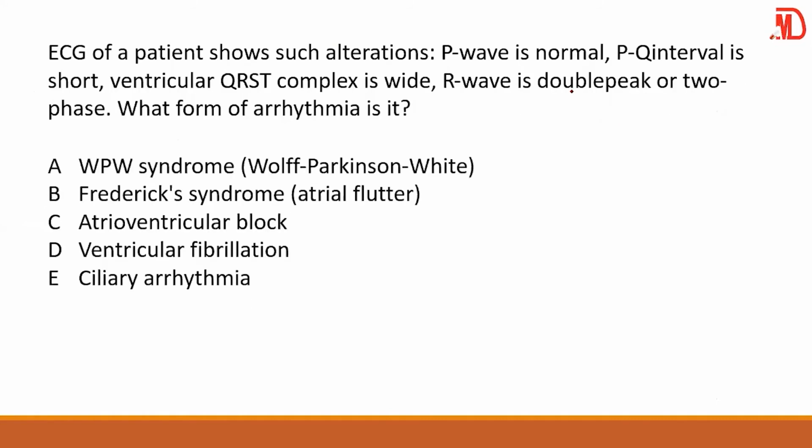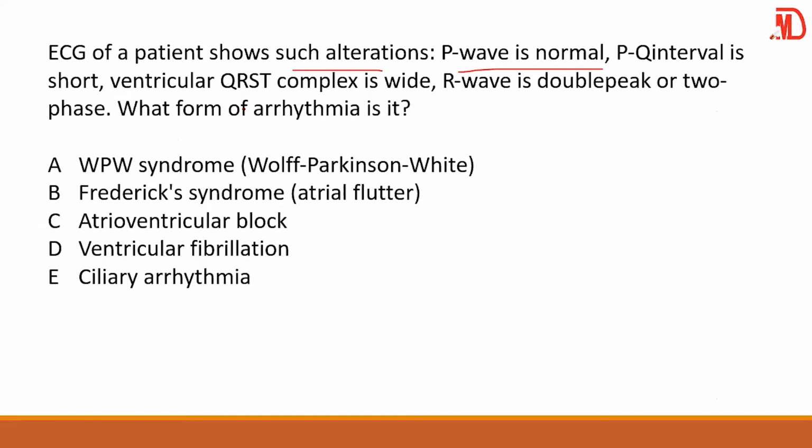Now, the ECG of a patient shows such alterations. The P wave is normal. The PQ interval is short. And yesterday we discussed that when we talk about the PQ interval, we are referring to the AV node, the atrioventricular node, whereby the impulses coming from the atrium will have a short period, adjust itself, and then fire, isn't it?